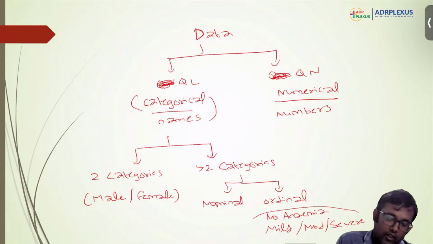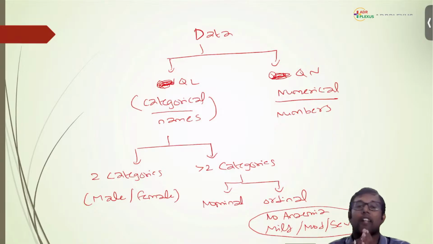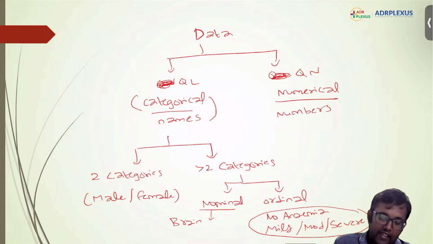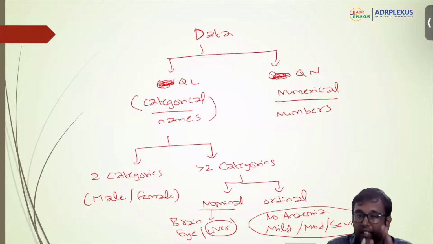If there is an order, we can specifically call this qualitative data ordinal. If there is no order, like brain cancer, eye cancer, liver cancer, we cannot tell that brain cancer is more severe than liver.